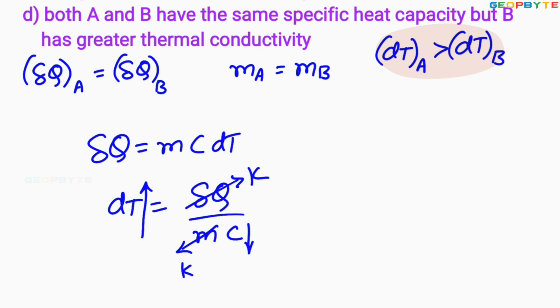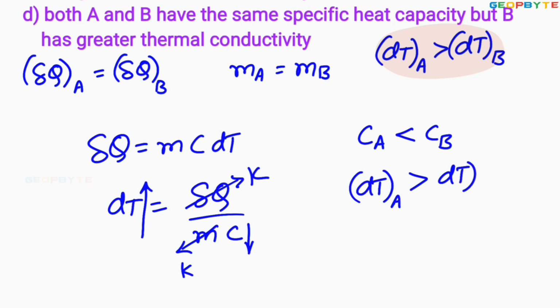Then only the body A can rise more temperature. It means the specific heat of A is smaller than that of B to have more temperature rise in A. I hope all of you clearly got my point.